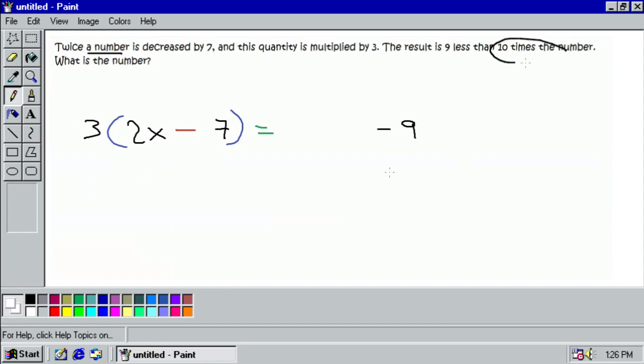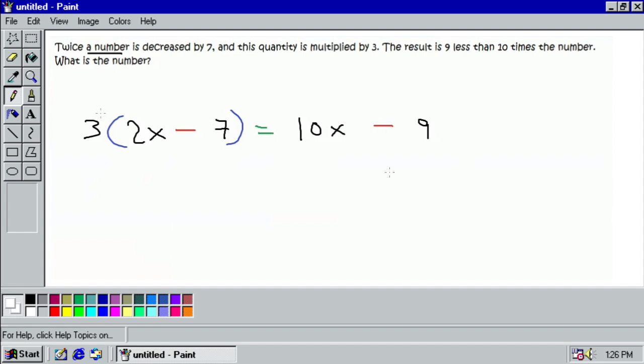So 10 times the number is 10x, minus 9. So that will be our general equation. So now we just need to solve for x.